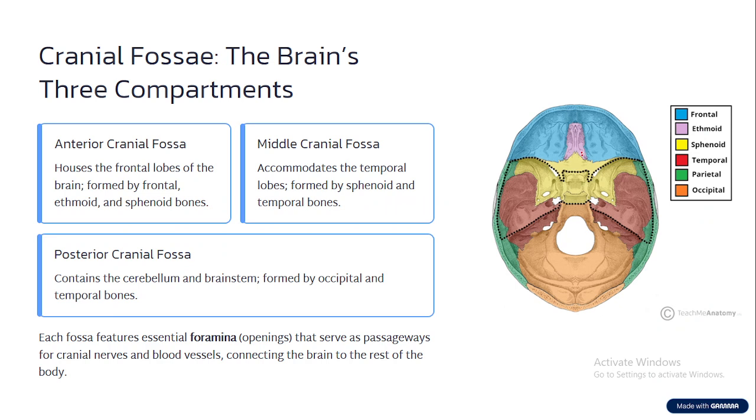Now, if we see the calvaria or the skull cap from beneath, it is divided into three portions. First is the anterior cranial fossa.